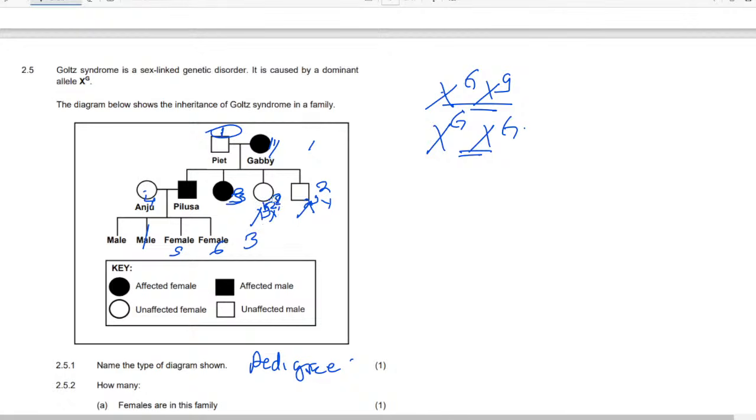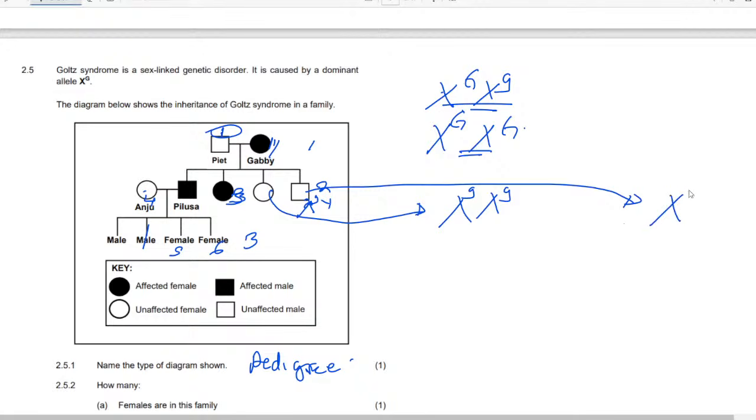So if this one is a female, small g, and this one is a male, small g, and then Y.